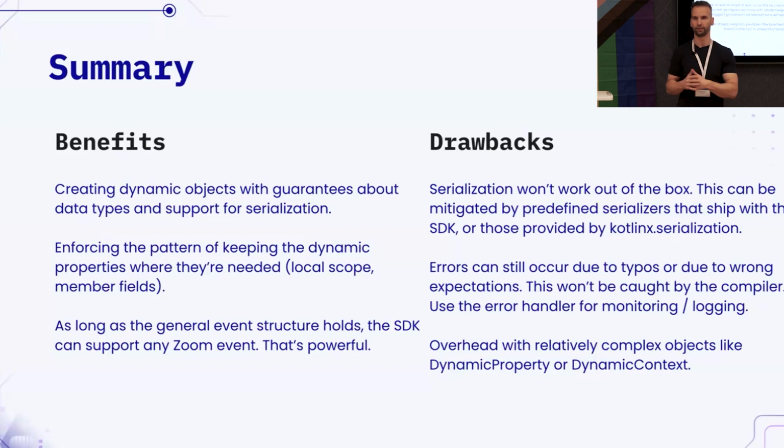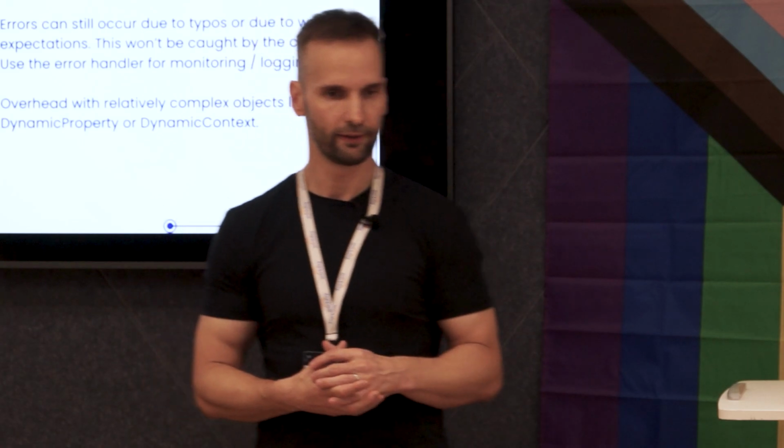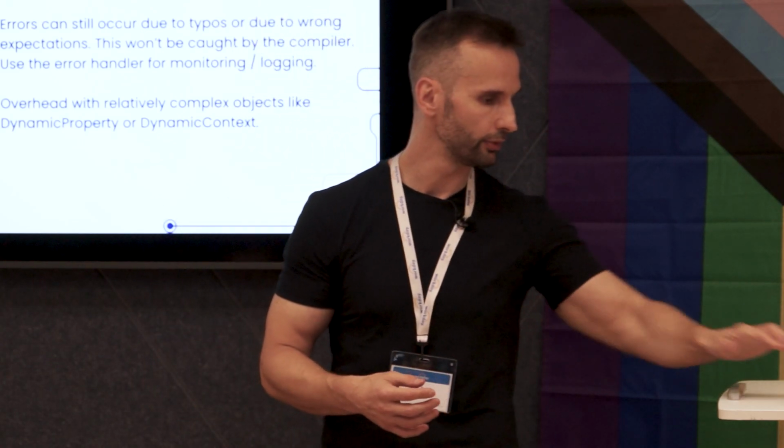That's why the error handling is important, and it needs to be rock solid. And then also a little bit of an overhead, because it's not a big deal, but you still like using these not that trivial objects like dynamic property, dynamic context everywhere. So there's a little bit of overhead with that too. So yeah, that's just quick thoughts on what I've been doing lately, and I hope it was somewhat relevant.